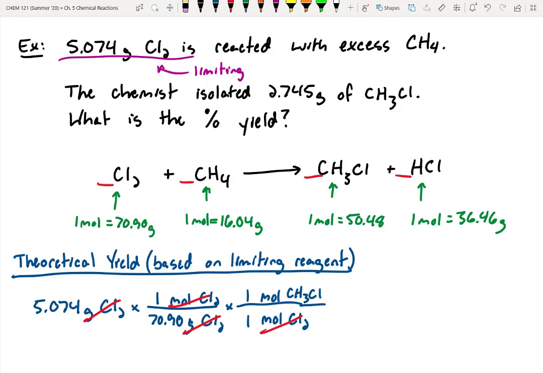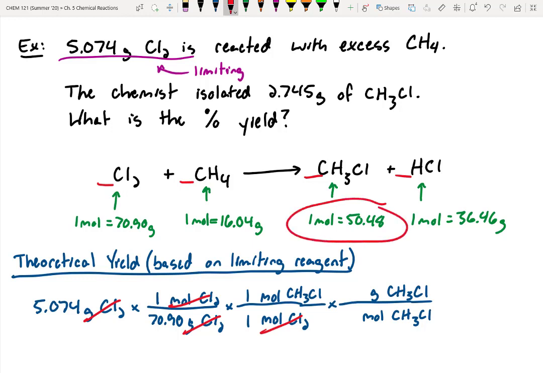Now we need to cancel out moles and get to grams. So I'm going to cancel out moles by putting it on the bottom. So CH3Cl, I'll put that on the bottom, that way it cancels. And we want to figure out the mass that we get in grams. So I'll put that on top. And up here, we can see the mole to gram ratio for that.